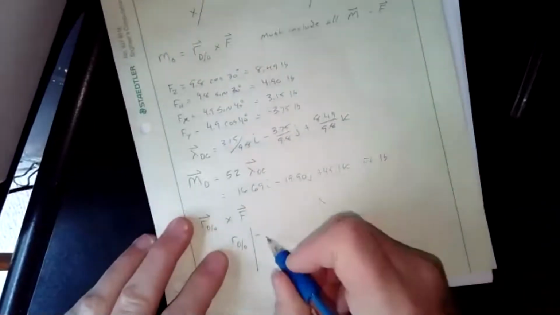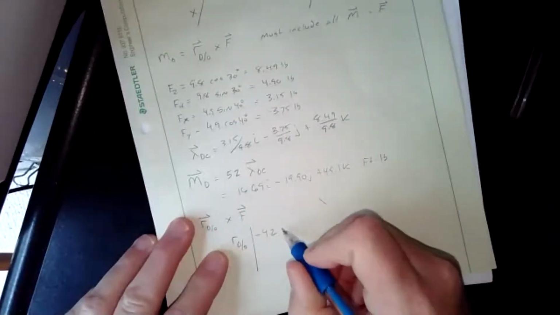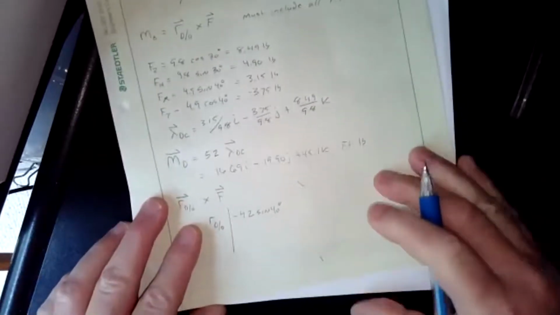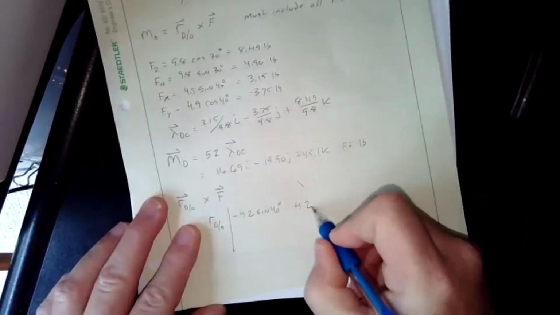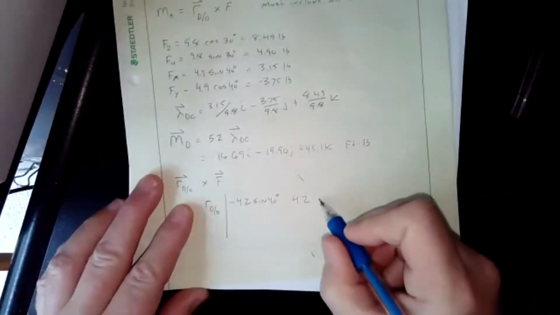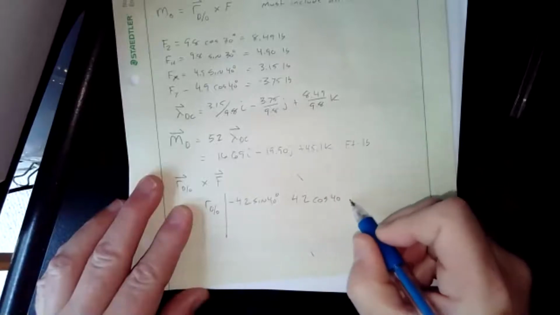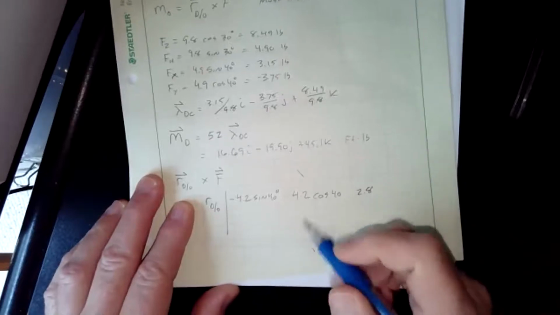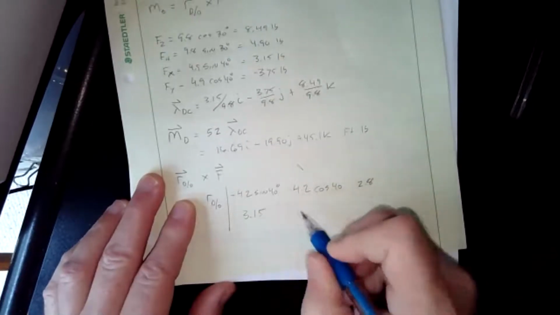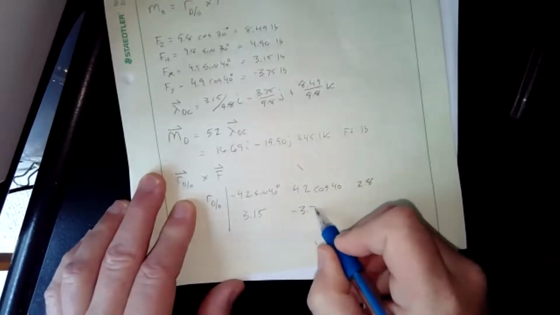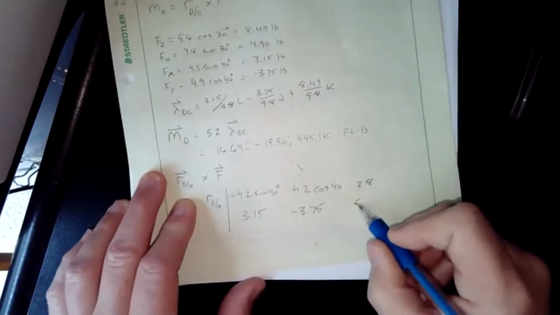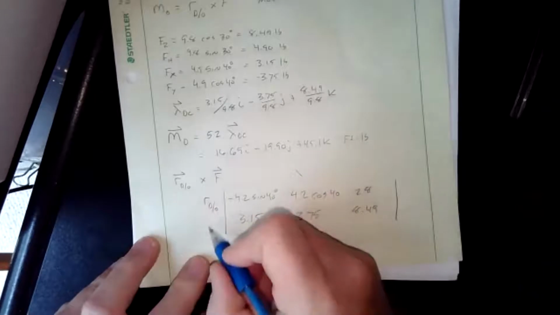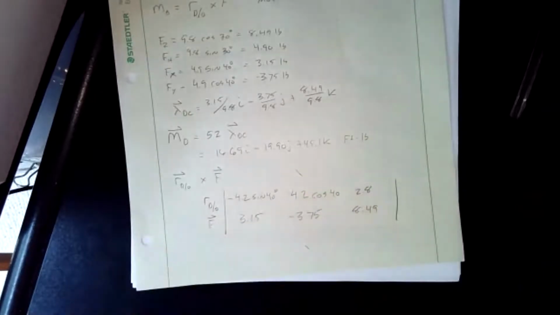I had negative 4.2 sine 40, that was my I. And then 4.2 cosine 40, and that was J. And then 2.8, and that was my K. And then my force, of course, is just 3.15, negative 3.75, and 8.49. So do our cross products, and we get our final answer.